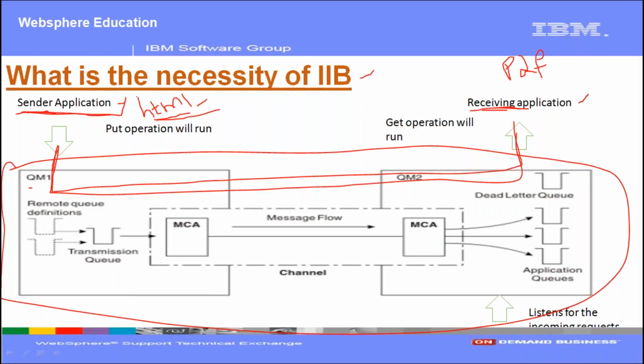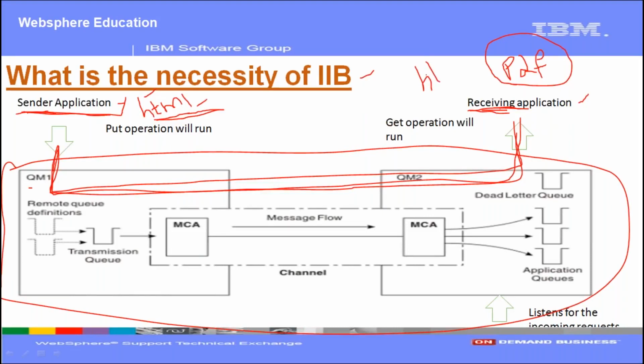So a sender application has generated an HTML message, and it is sending the HTML message from queue manager 1 to queue manager 2. Now the receiving application has received the HTML message, but the problem is, the receiving application can generate and process only PDF related messages. So can the receiving application process that HTML message?